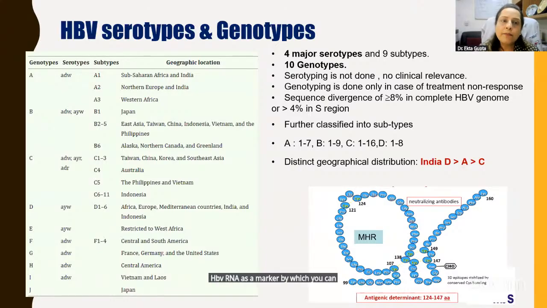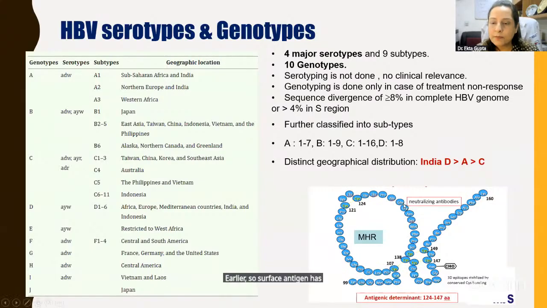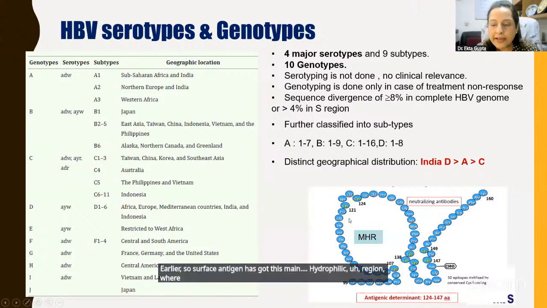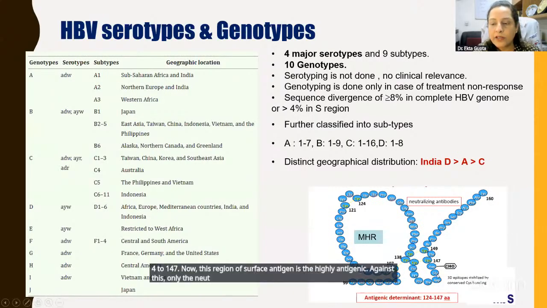A word about serotypes and genotypes in hepatitis B. Surface antigen has a major hydrophilic region where there is an a determinant region, a loop from 124 to 147. This region of surface antigen is highly antigenic, and only neutralizing antibodies are formed against it.